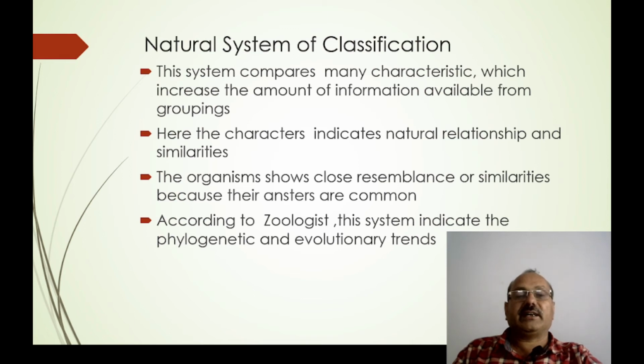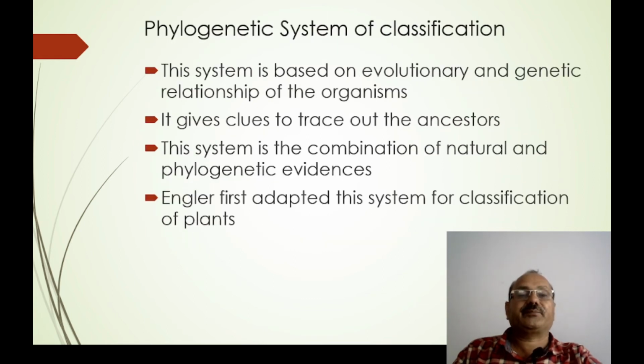This system comprises many characteristics which increase the amount of information available from groupings. Here the characters indicate natural relationship and similarities. The organisms show close resemblance or similarities because their ancestors are common. According to zoologists, this system indicates the phylogenetic and evolutionary trends.